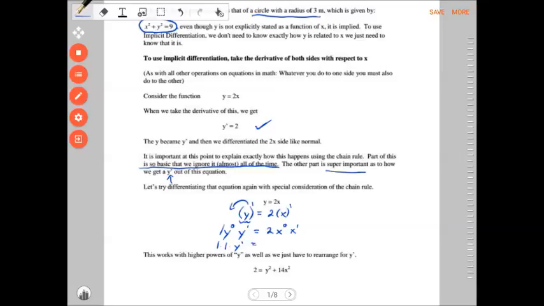So the derivative of y. This one is 2 times 1. Now, what is this x prime thing? When we differentiate a function that has x's in it with respect to x, it actually works better in Leibniz notation. It's dx dx, right? The derivative of y was dy dx, right?